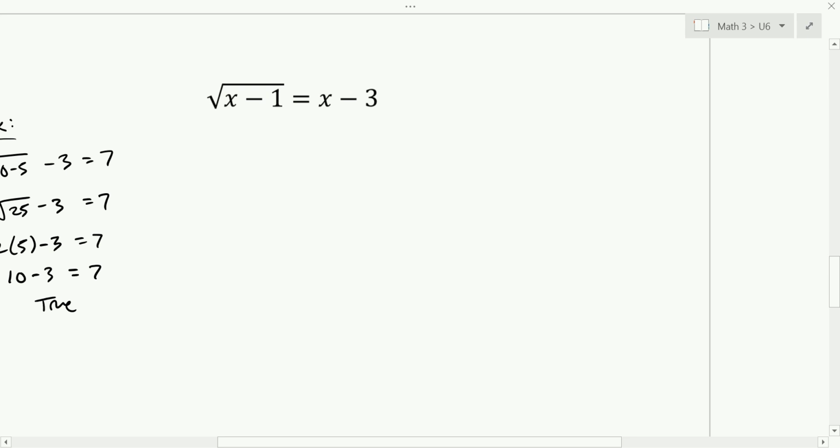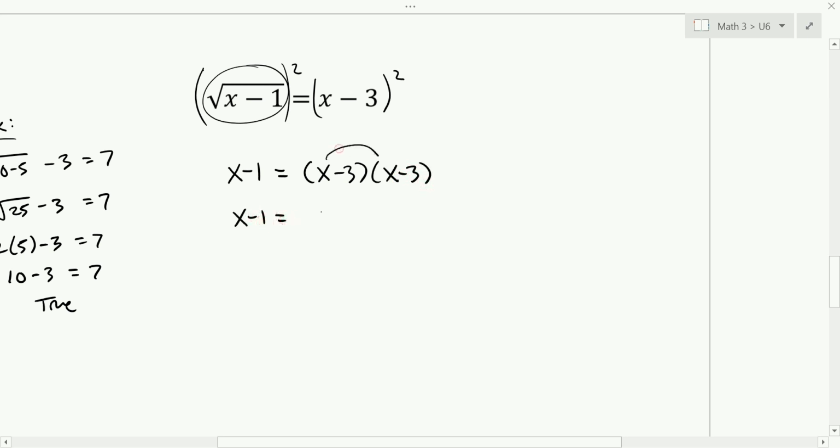Okay, so let's see what happens here. First step, get the square root by itself. Already done. Second step, get rid of the square root by squaring both sides. So on the left side we end up with x minus 1. On the right side we need to find x minus 3 times another x minus 3.